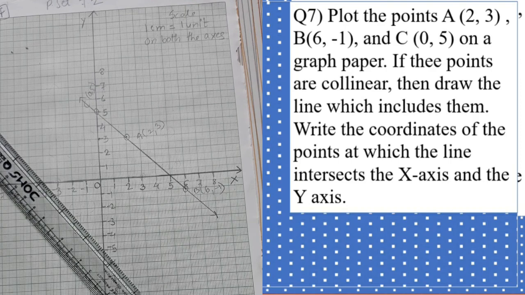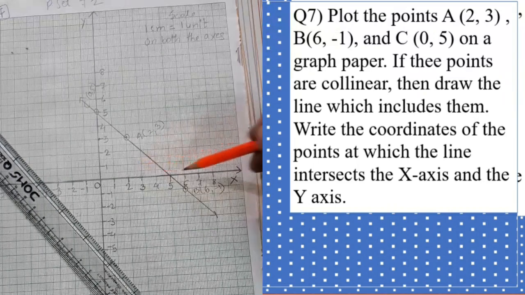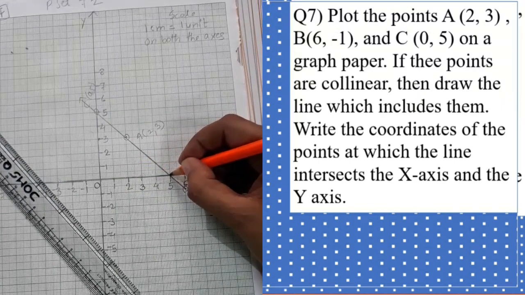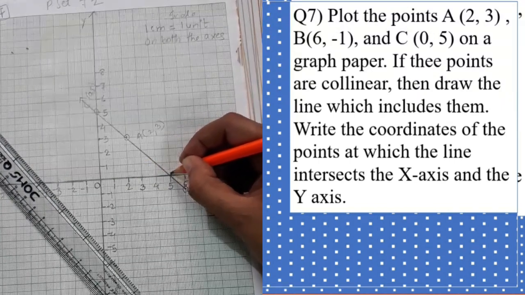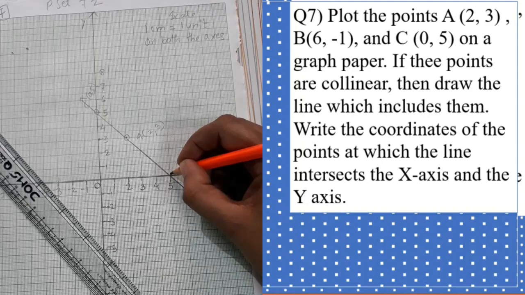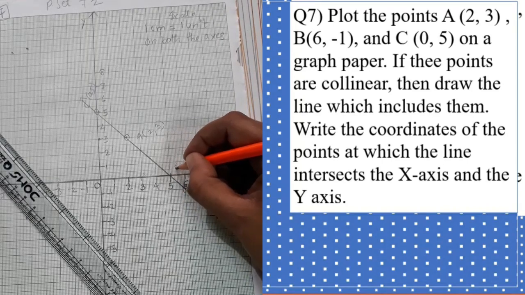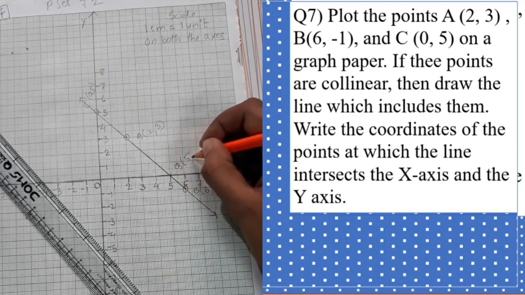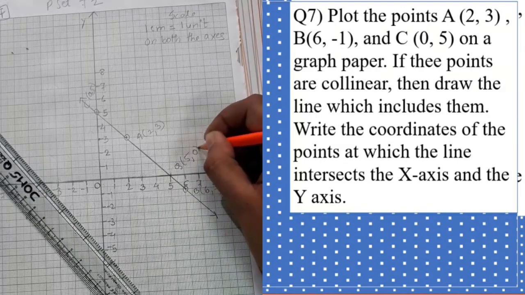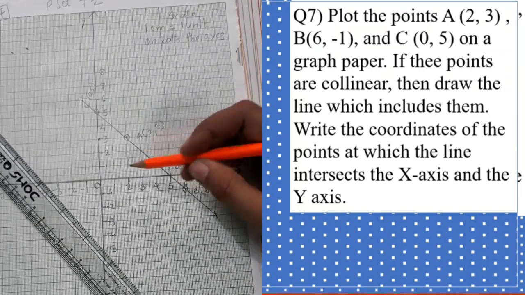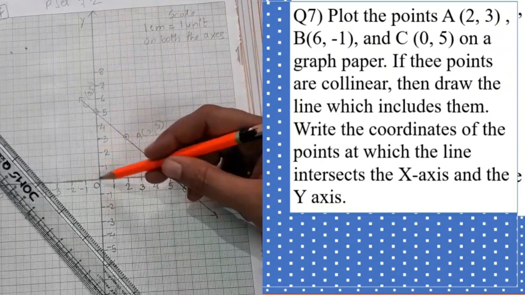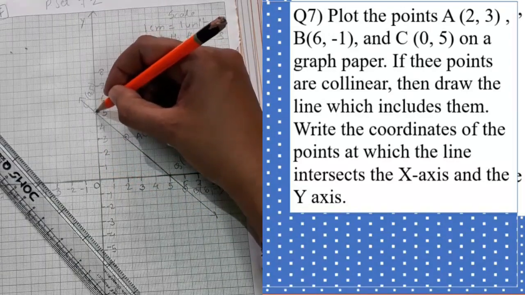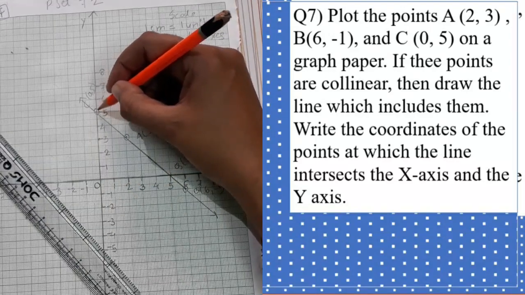Now the 3 points are collinear, then we have to write what? The points at which the line intersects the x-axis and y-axis. On the x-axis, the line intersects at where? On 5. So here we will give the name Q. The x coordinate is 5 and the y coordinate will be 0. On the y-axis, the point of intersection is here, also 5.